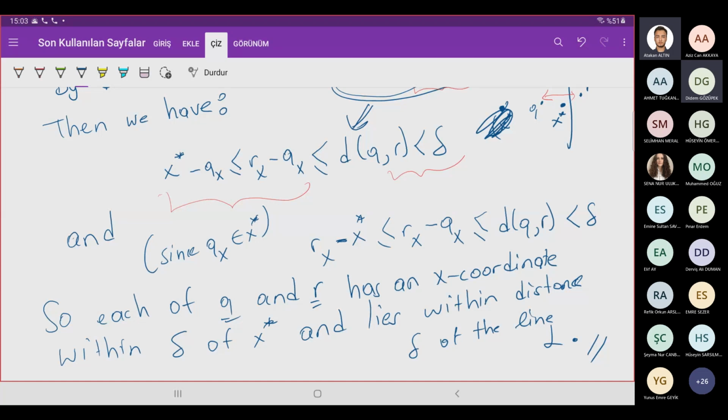Any questions about this proof? It's a little bit of algebraic manipulation using the definitions, but intuitively what it says is that it's sufficient to focus on this region. Any questions? No? Okay.